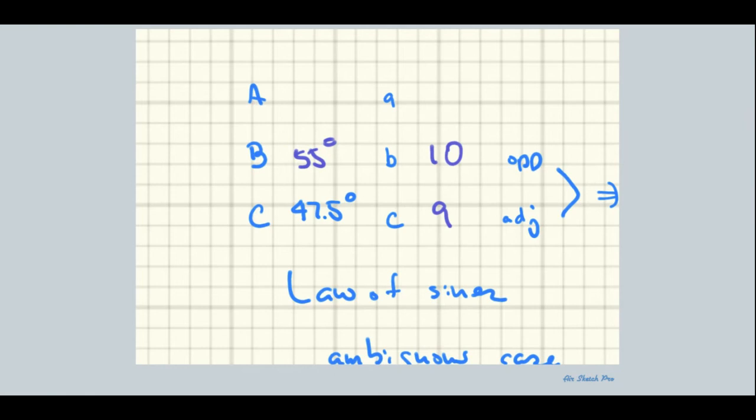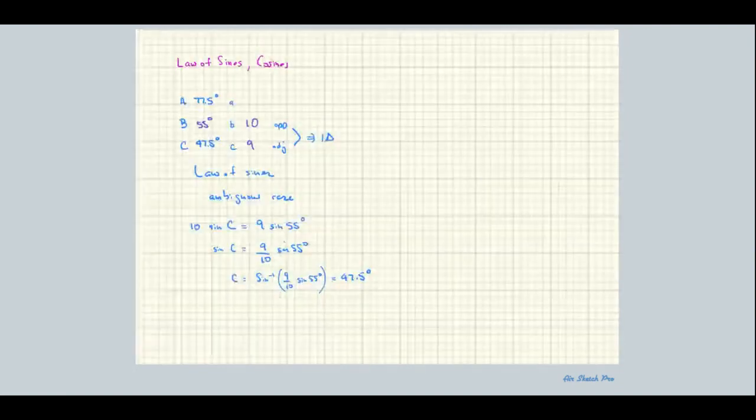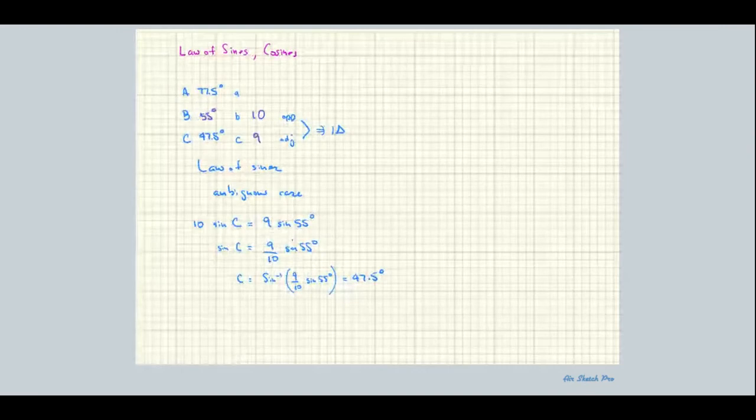So I'm going to my calculator and saying 180 minus 55 minus 47.5, because we're just rounding it, is 77.5. That's going to create a limit on the degree of accuracy we have for A. But now we can find A, right?